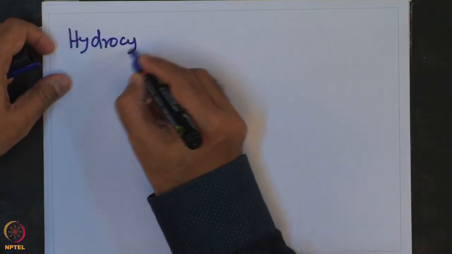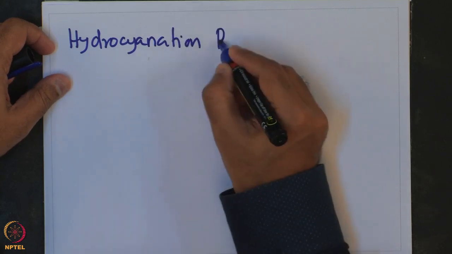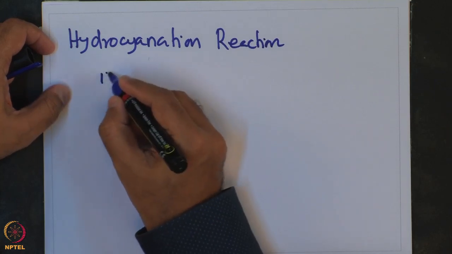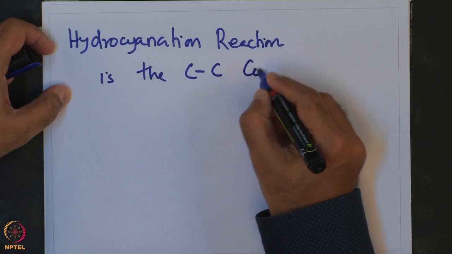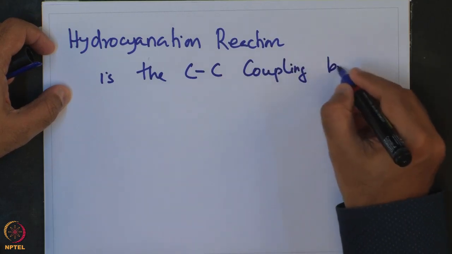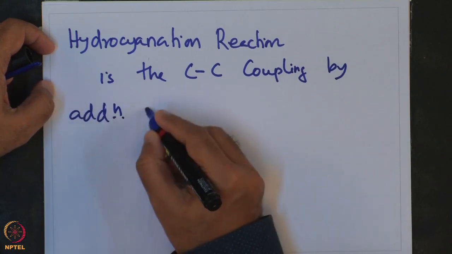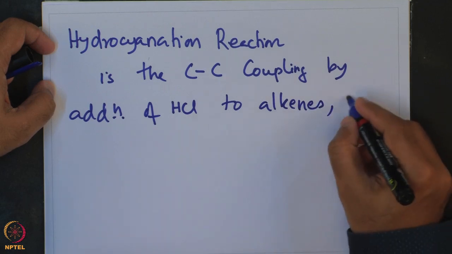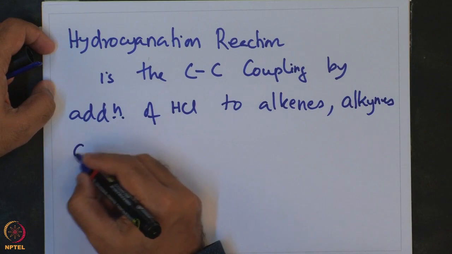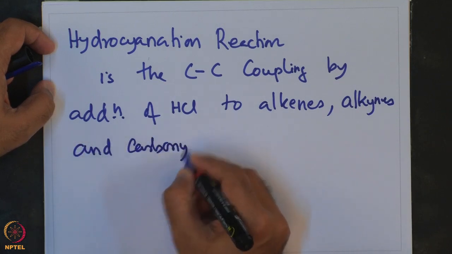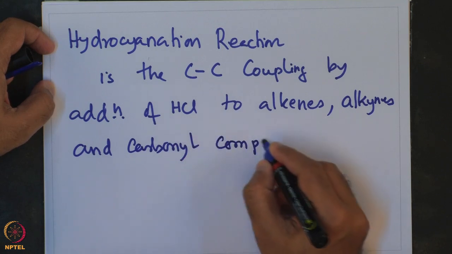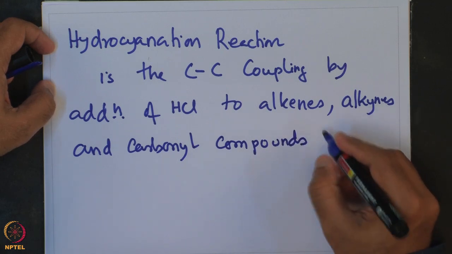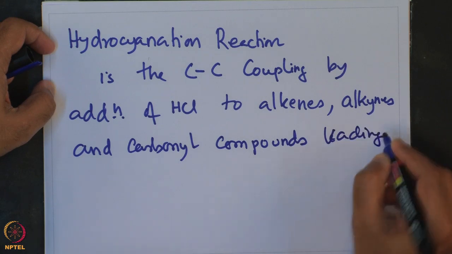Hydrocyanation is C-C coupling by addition of HCN to alkenes, alkynes, and carbonyl compounds, leading to formation of nitriles.